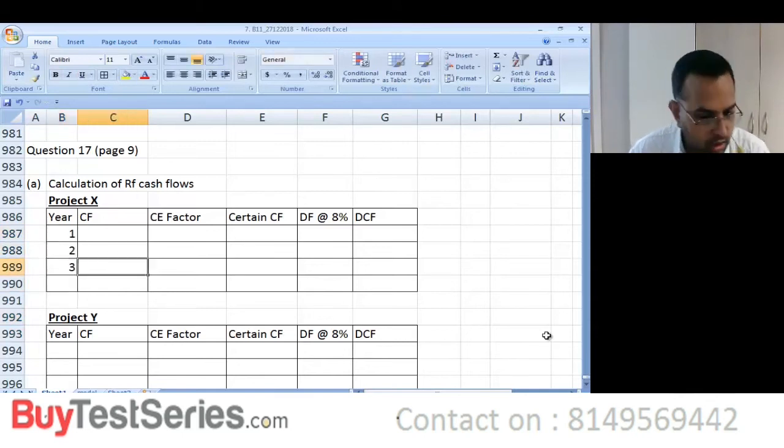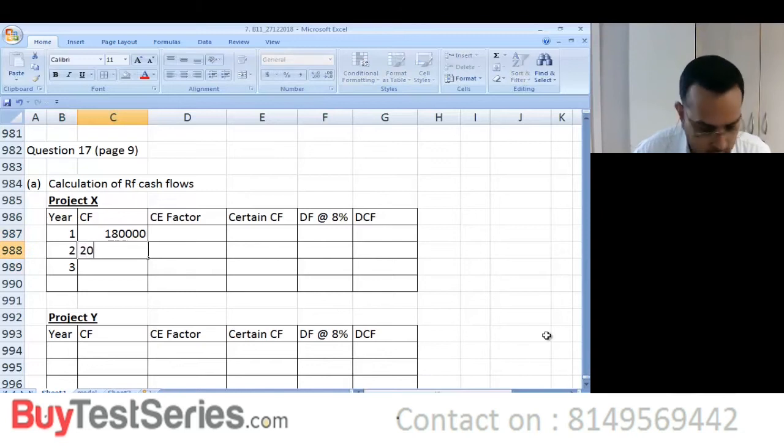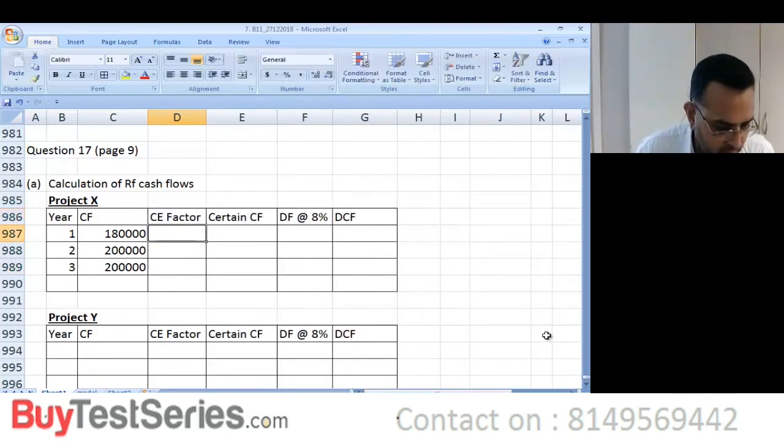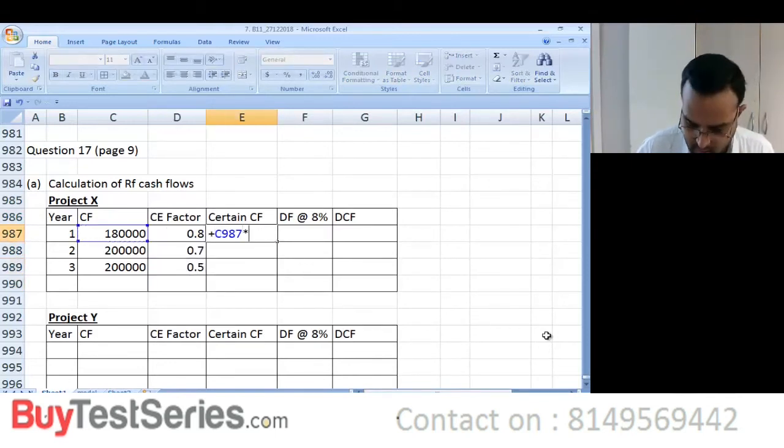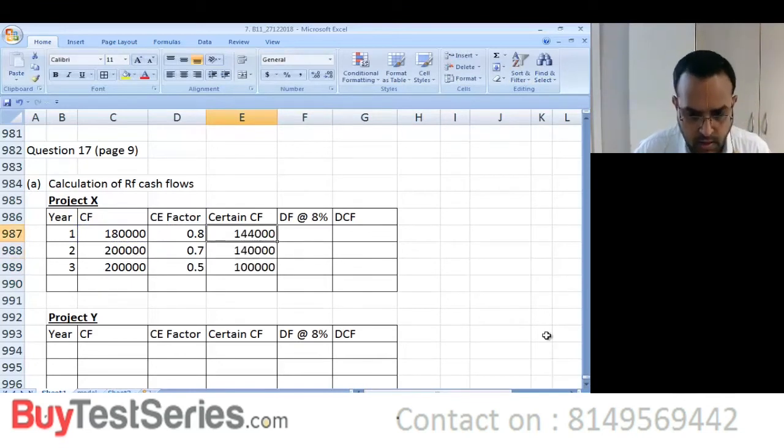Here the year 1, 2, 3 cash flows are 1,80,000, 2 lakh, 2 lakh. The certainty equivalent factors are 0.8, 0.7, 0.5. Certain cash flows.